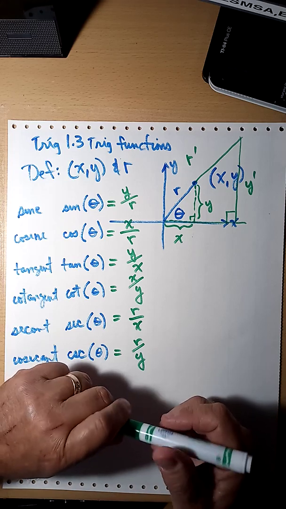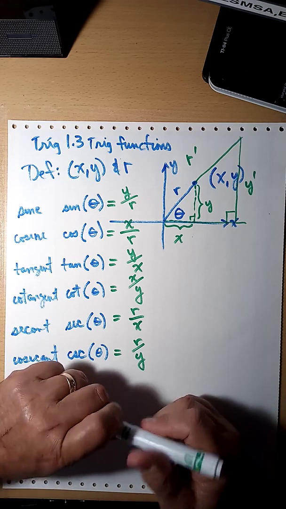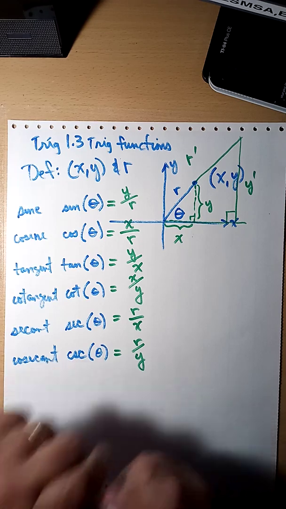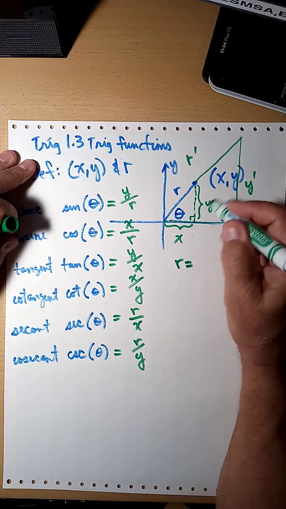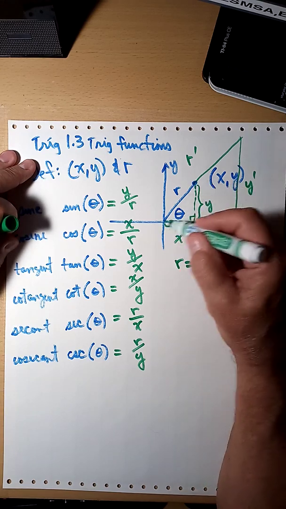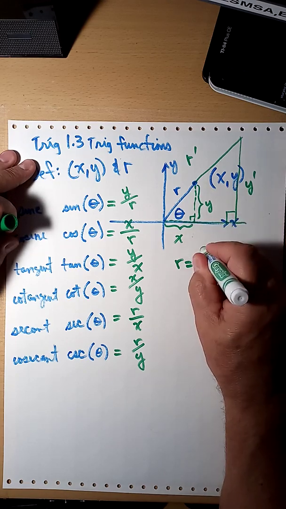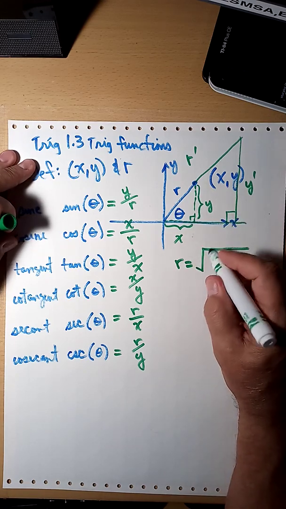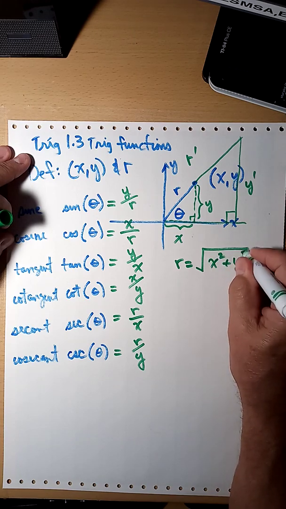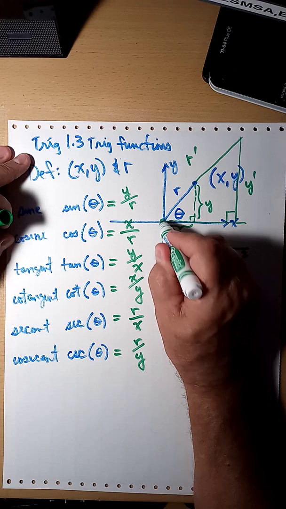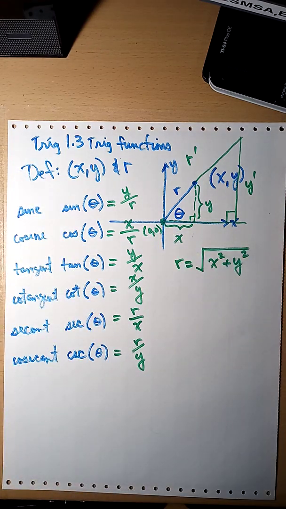So in order to find these values, we need the point x, y, and be able to find the distance from the origin, r. But if we look at r, this distance, it's just the hypotenuse of a right triangle, which when we use the Pythagorean theorem, and 0, 0 is one of the points, it's just x squared plus y squared, take the square root.